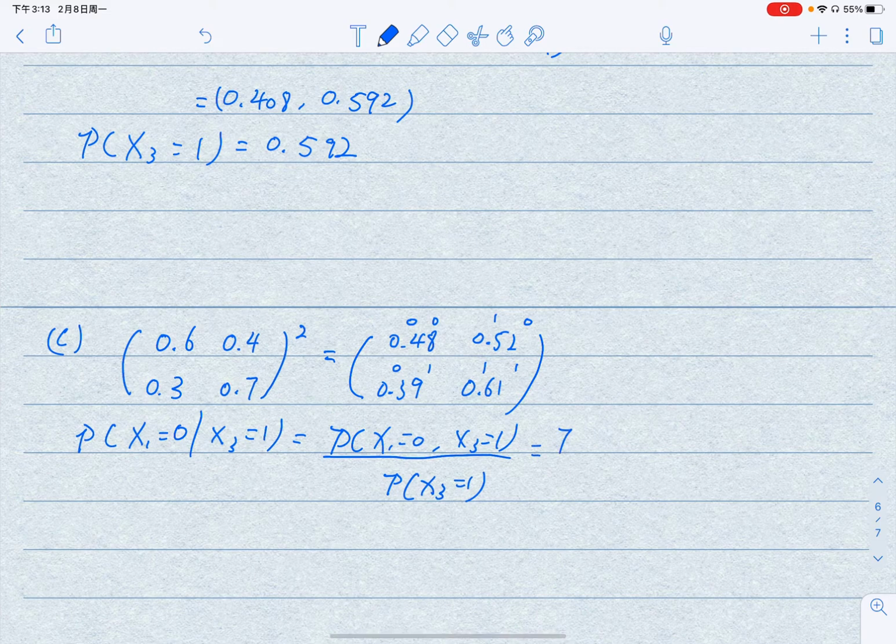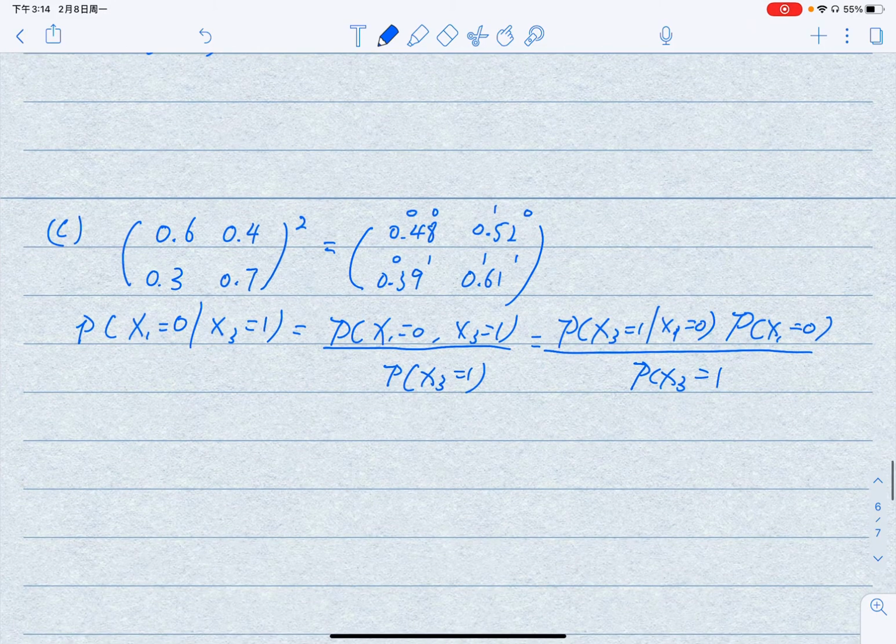And this is equal to the probability for X3 equals to 1 while X1 equals to 0 times the probability X1 equals to 0 divided by the probability for X3 equals to 1. Those two equations are exactly the same.